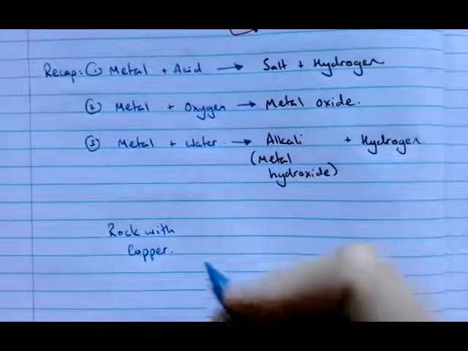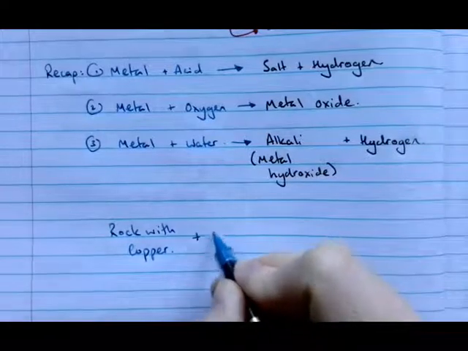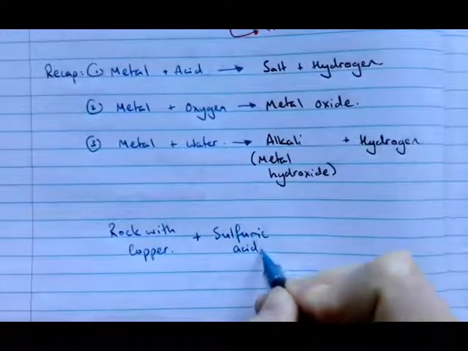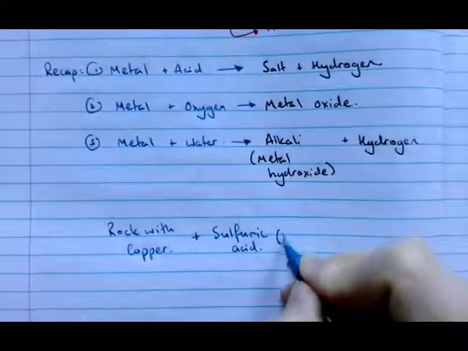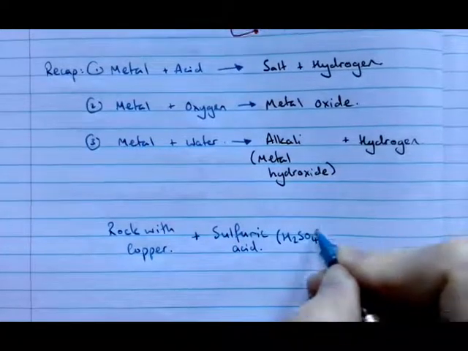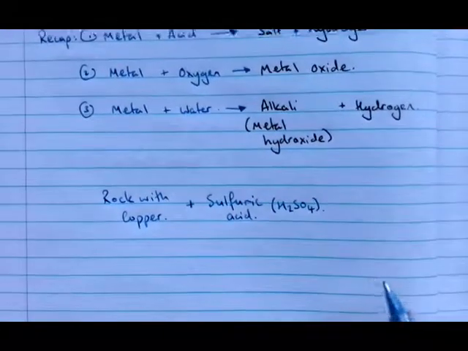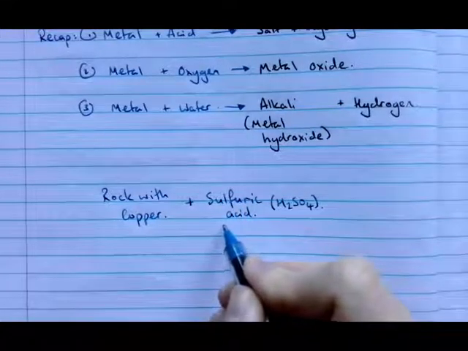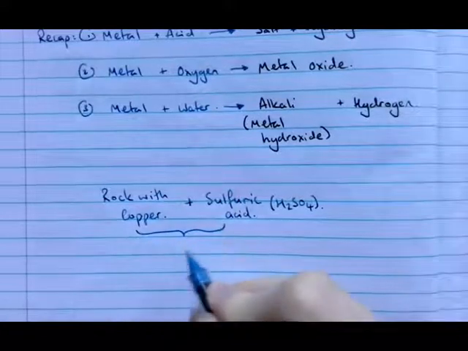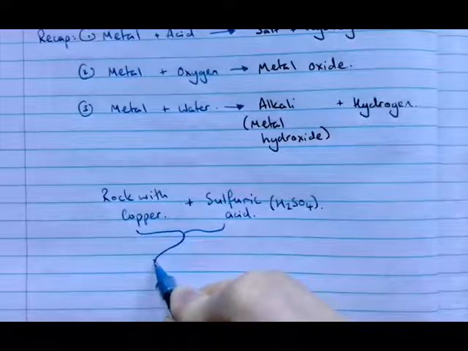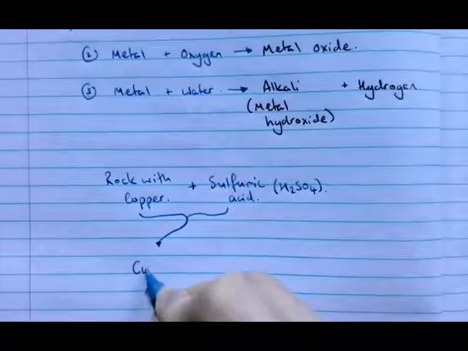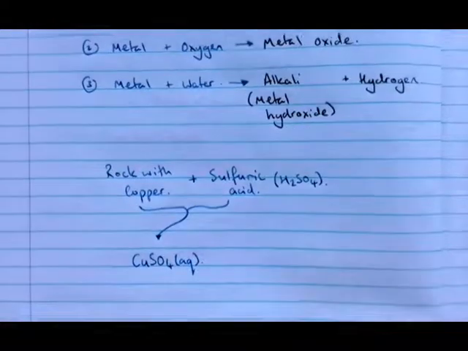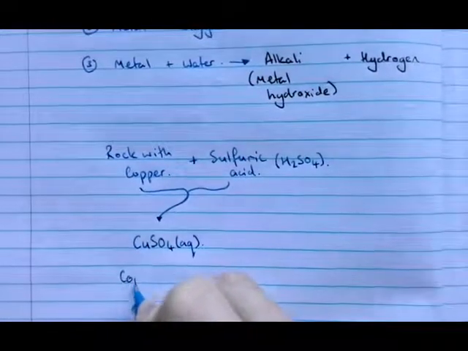Well, the first thing that I need to do is add to it sulfuric acid. Remember the formula for sulfuric acid is H2SO4. Now if I add my rock with copper to my sulfuric acid, what I get is a solution of copper sulfate, CuSO4. All right, so this is a copper sulfate solution.